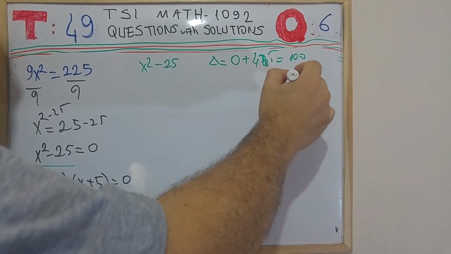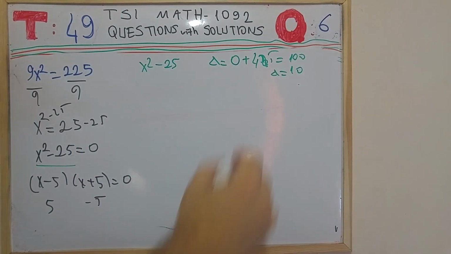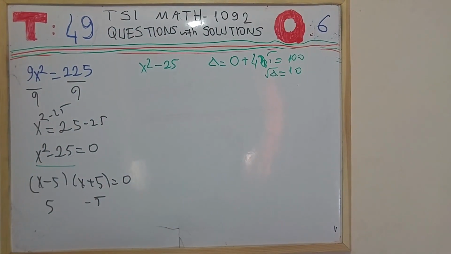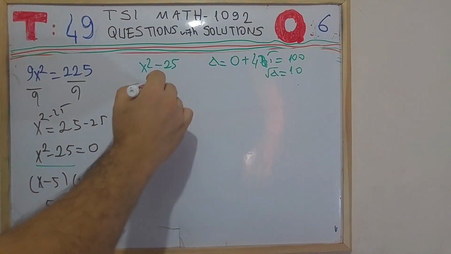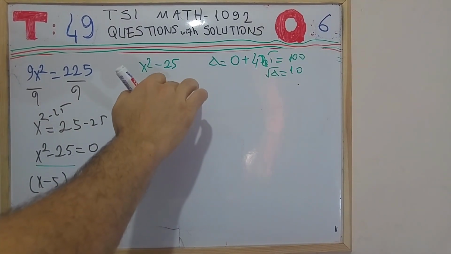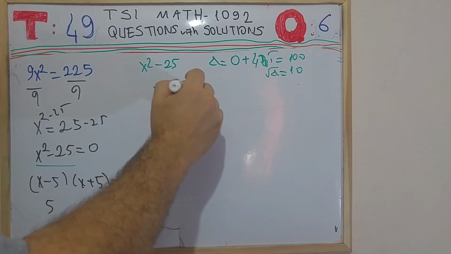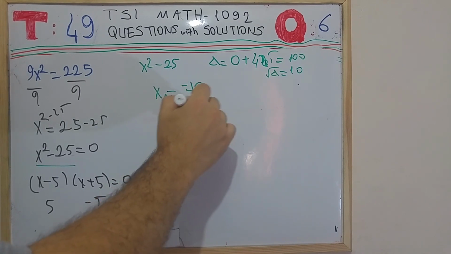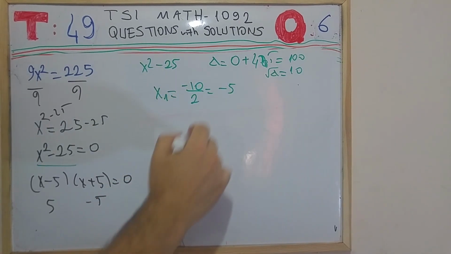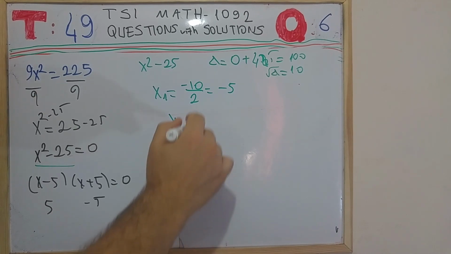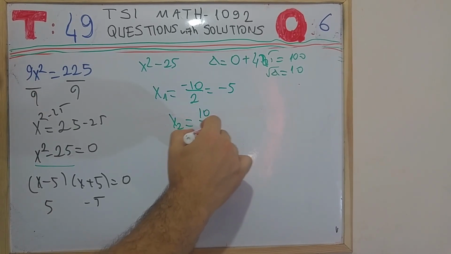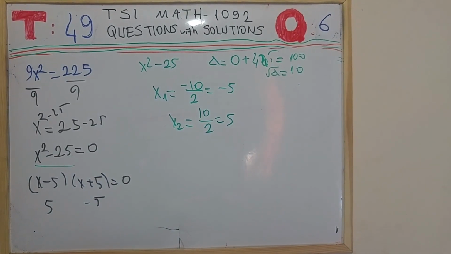So the square root of delta is equal to 10. So x1 is equal to minus b, there's no b here, so minus 10 over 2a, which is 2, which gives us minus 5, and the other x value is plus 10 over 2, which is equal to 5.